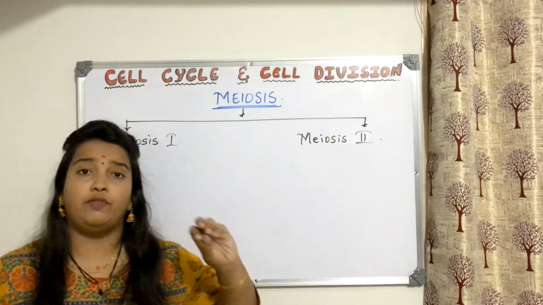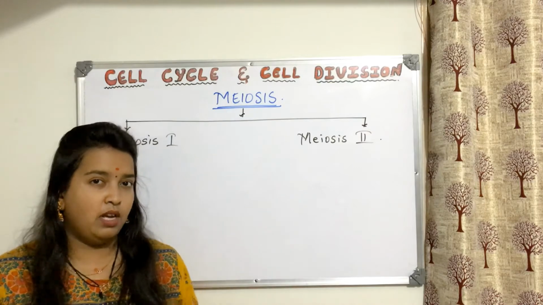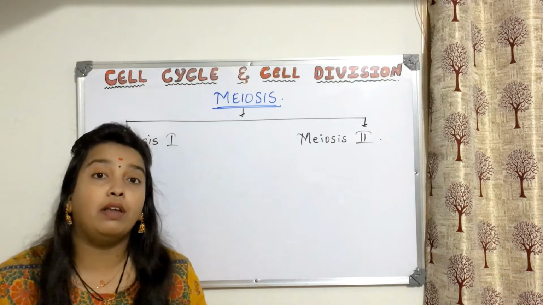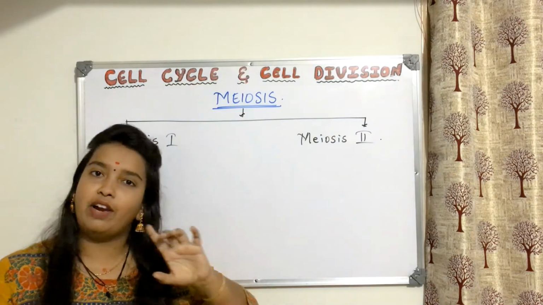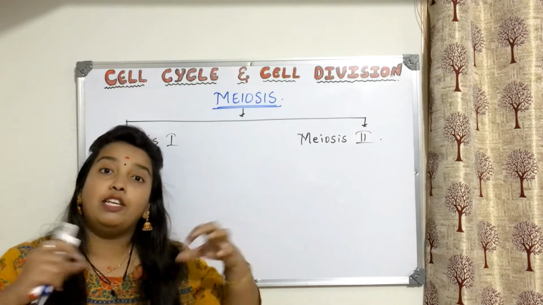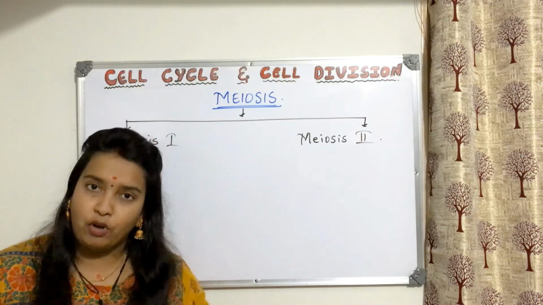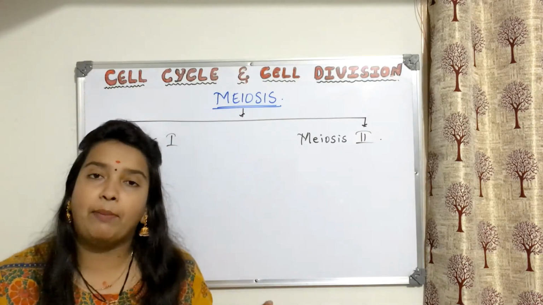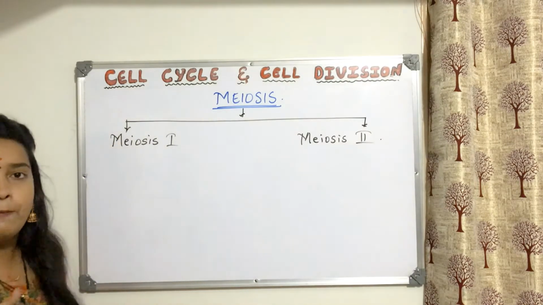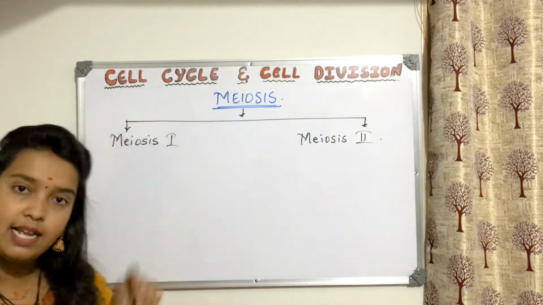It will have nucleus, cytoplasm and nucleoplasm, and the division process is also the same, with a slight difference between mitosis and meiosis. First the nucleus should divide. The nucleus division is called karyokinesis, and after that the cytoplasm divides, which is cytokinesis. So in meiosis 1 we have both karyokinesis and cytokinesis, and in meiosis 2 also we have karyokinesis and cytokinesis.